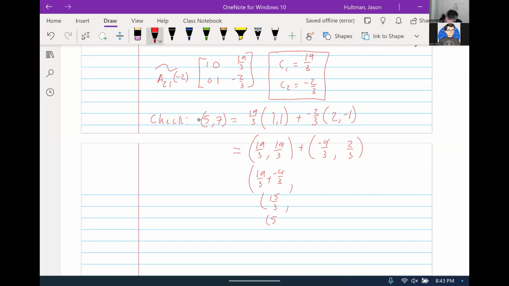And 19/3 plus 2/3 is 21/3, which is 7. That's (5, 7). So it does work. So it does check.